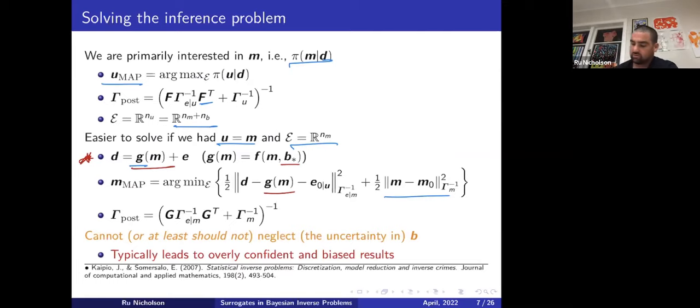This generally leads to extreme overconfidence, or at least some overconfidence, in heavily biased estimates. For example, the truth is generally not contained within the posterior anymore, which is a real issue and essentially says that the approach is not feasible.